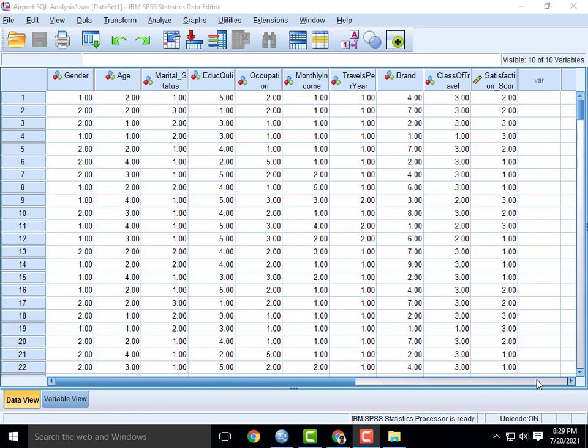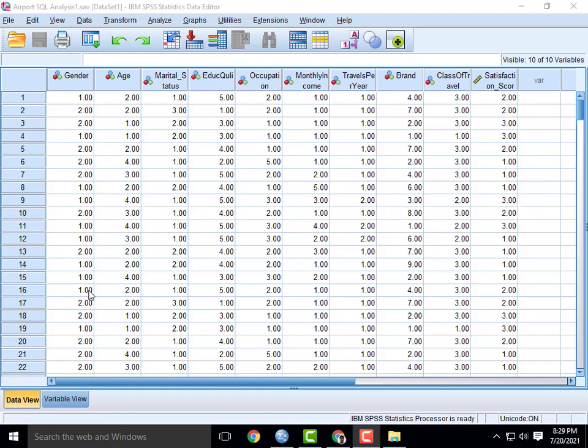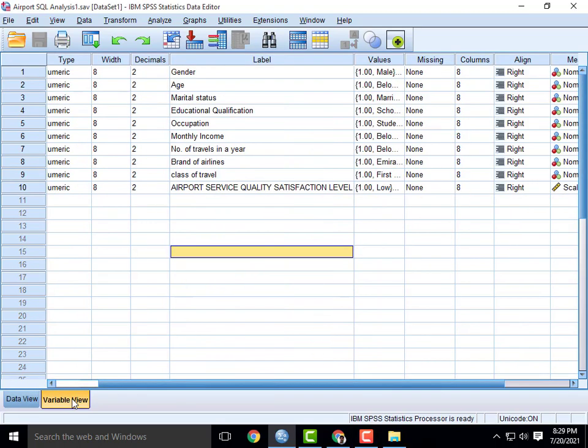Now let us discuss how to apply chi-square test of independence using SPSS. So here we have 250 respondents giving their opinion about airport service quality. So here variables are these.